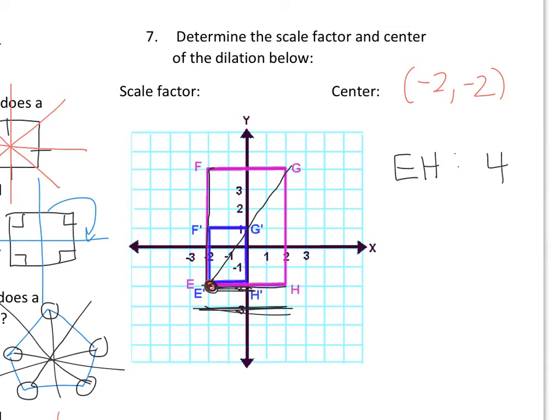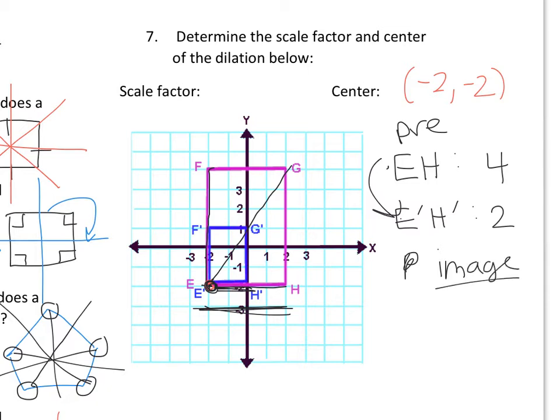The distance between E prime, H prime is 2 units. So I went from EH, the pre-image, to the image. So what did I do from 4 to 2? Well, I multiplied it by 1/2. Or you could take the image and divide it by the pre-image. So 2 divided by 4 is 1/2. So the scale factor is 1/2.